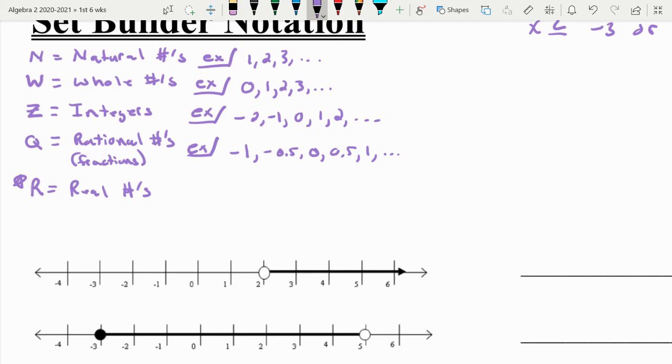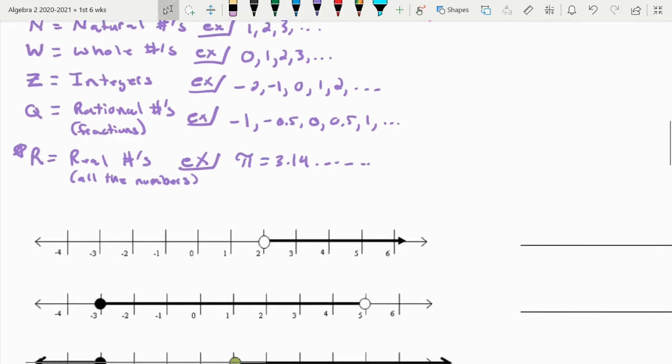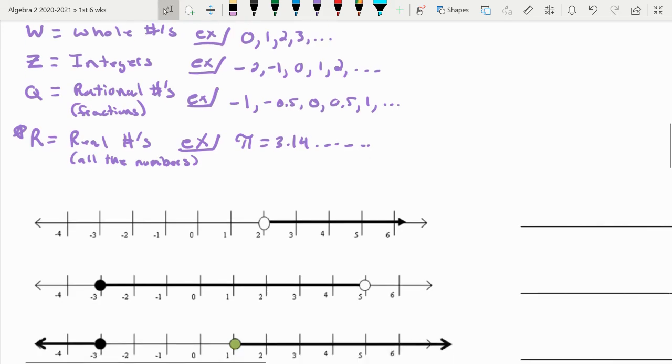An example is pi, 3.14 and it keeps on going. So real numbers is basically all the numbers. They include irrational numbers. And then we have one more set that we'll get into later, which is the imaginary numbers.